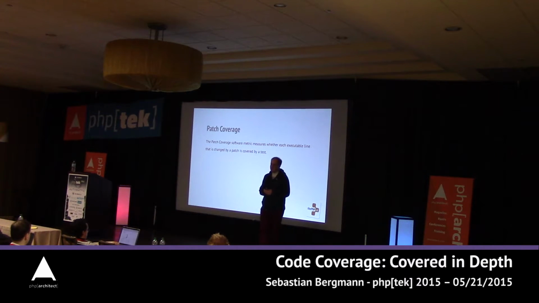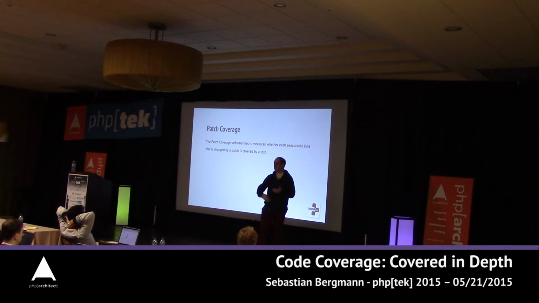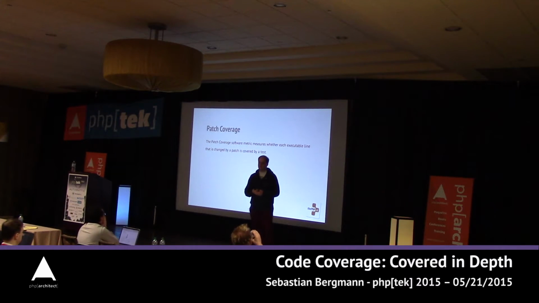But it's not too hard to establish a rule that starting from today, I want to have a specific degree of patch coverage. Like I make a commit, I change 10 lines of code and add 20 new lines of code, I can make sure using patch coverage that this new code that I add is actually tested.